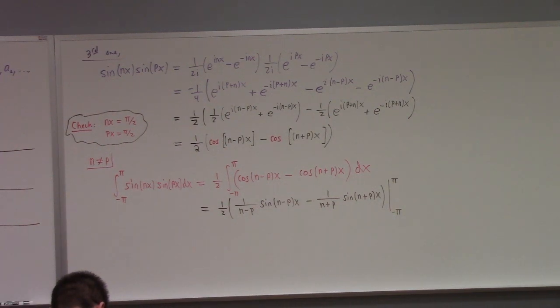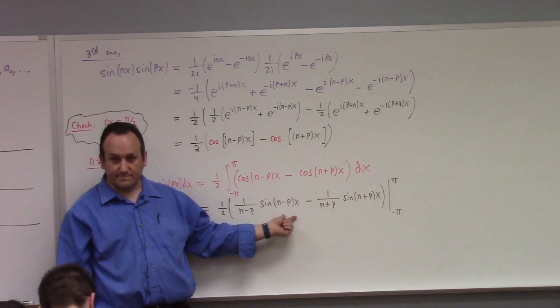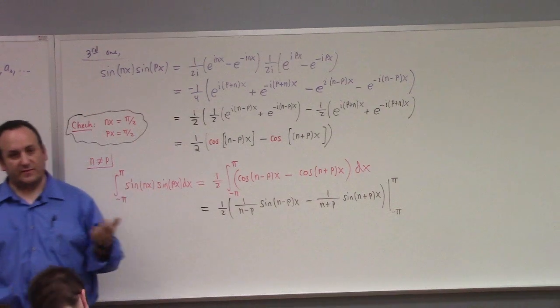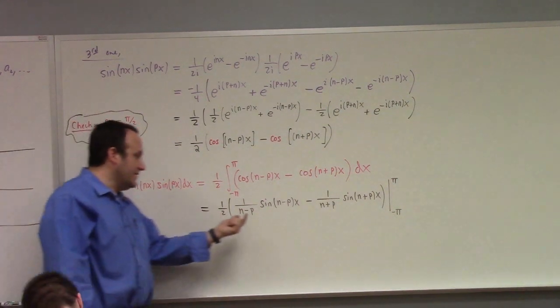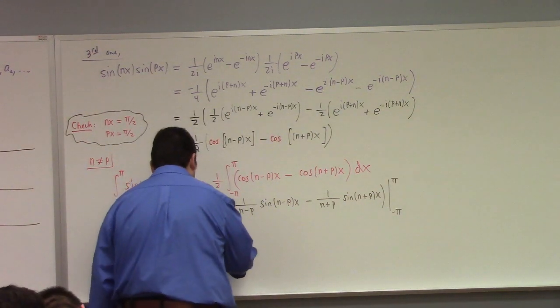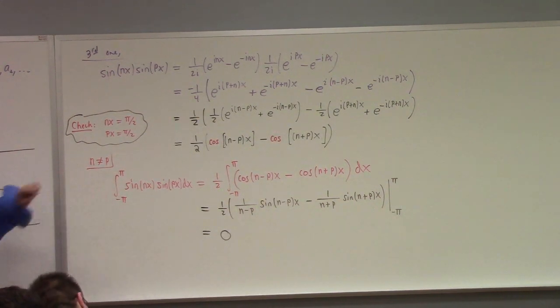What happens when you plug in pi or minus pi into these expressions? Do I need to write it out? Or can we talk about it? Let's talk about it. When I plug in pi, I've got sine of (n minus p) times pi, or (n plus p) times pi. Either way, we're looking at sine of an integer multiple of pi, which we know is 0. And similarly, minus pi, again an integer multiple of pi, so 0. The answer is 0 if n is not equal to p.